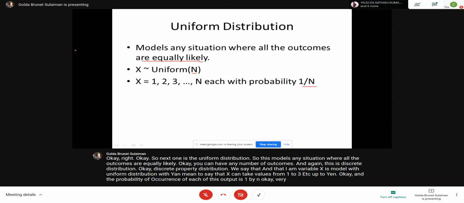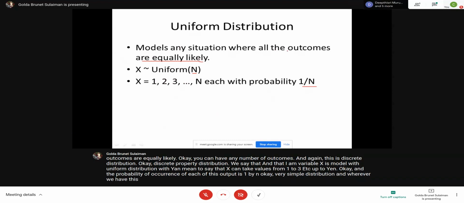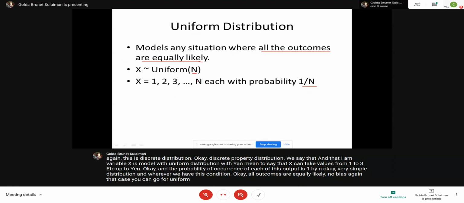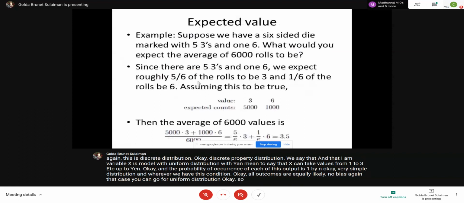Very simple distribution. Wherever all outcomes are equally likely, with no bias, you can go for the uniform distribution. I think I'm reaching almost the end.